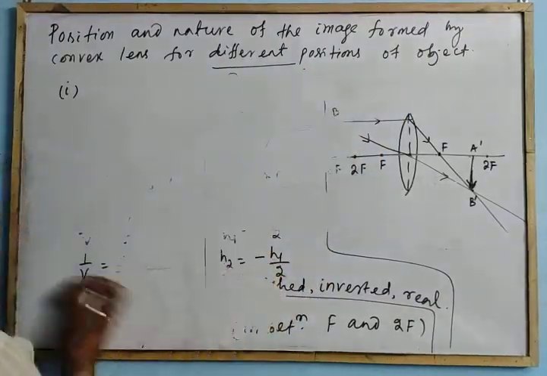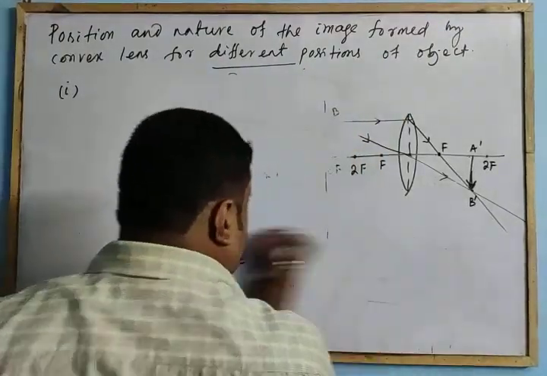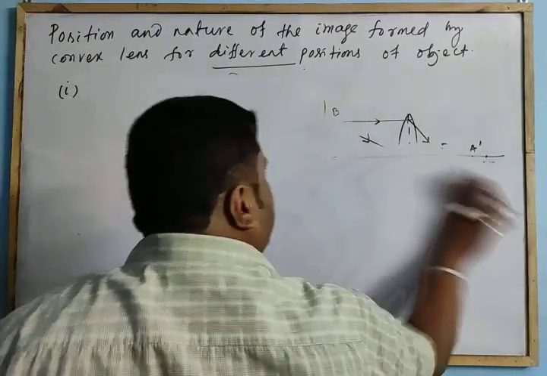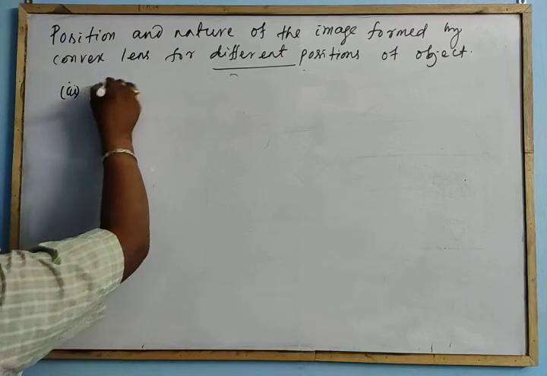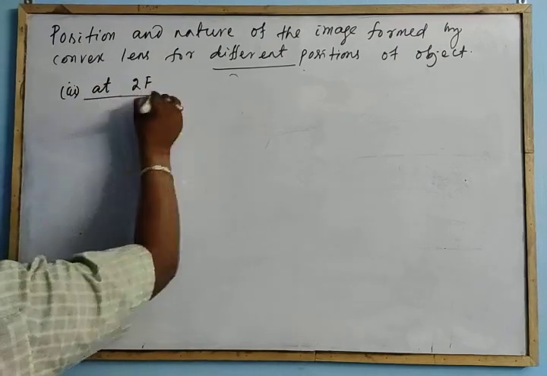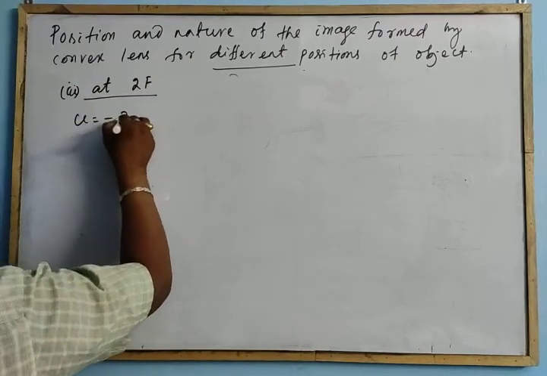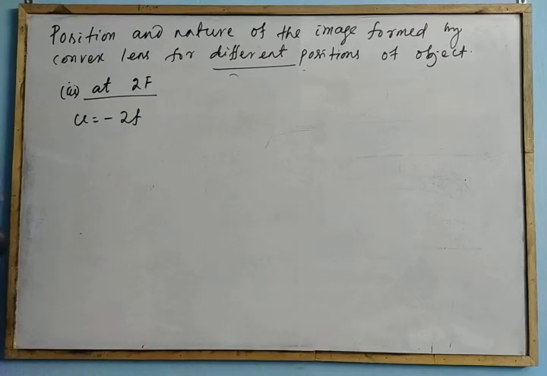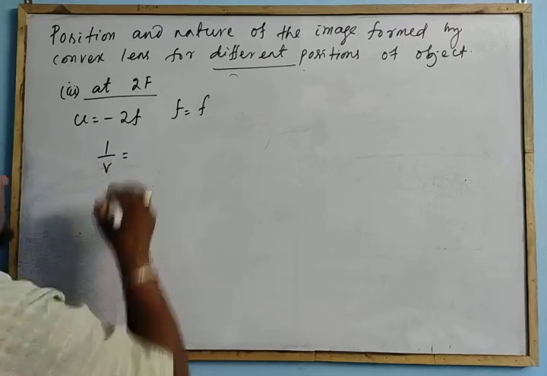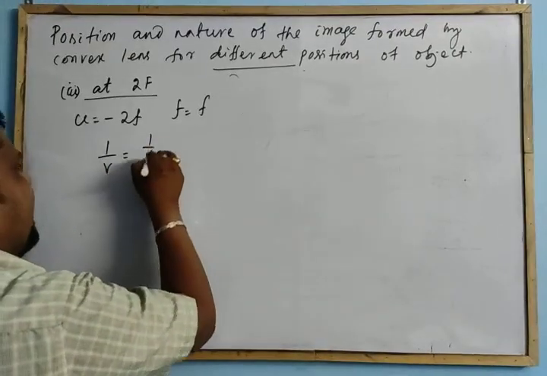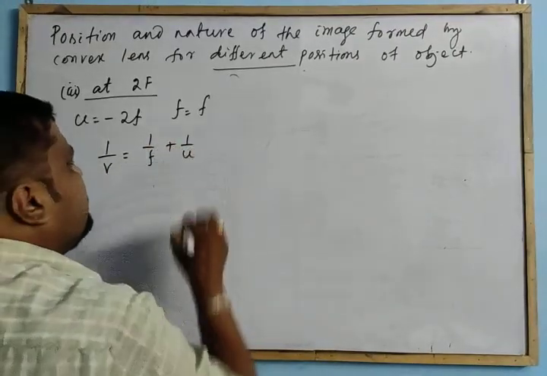Next. The third case is the object at 2f. Now take the object at 2f. U is equal to minus 2 times the focal length. Object distance is negative, focal length is positive. I am putting directly 1 by v is equal to 1 by f plus 1 by u.